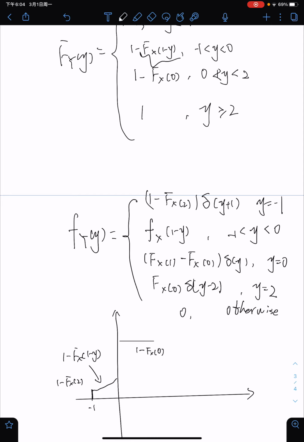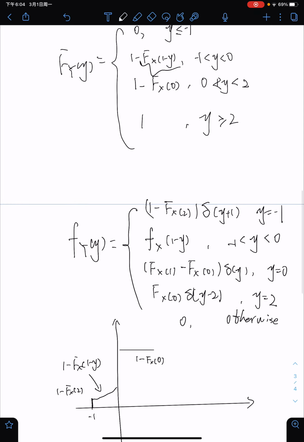We can see that in this part, and we get the value here. If it can be 0, it's 1 minus Fx(1). Okay, and then add the impulse at 0, so we can get the result.